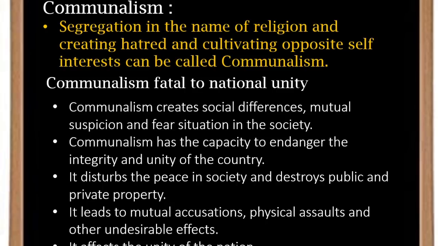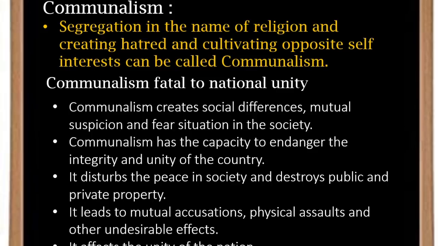But communalism is one such evil force. It has the capacity to endanger our national integration and unity of the country. So we do not want any feeling which destroys our nation's integrity and unity.